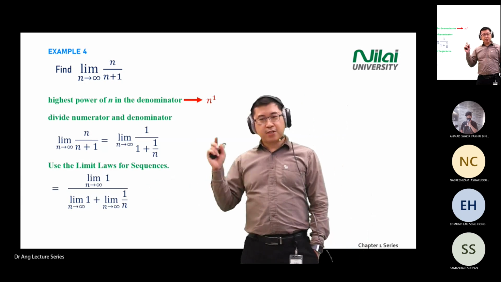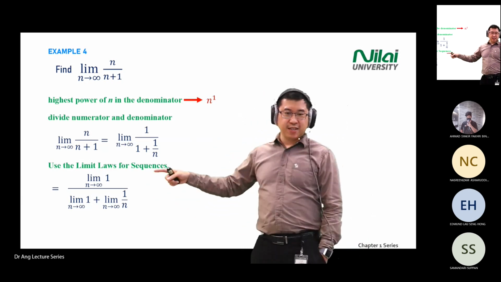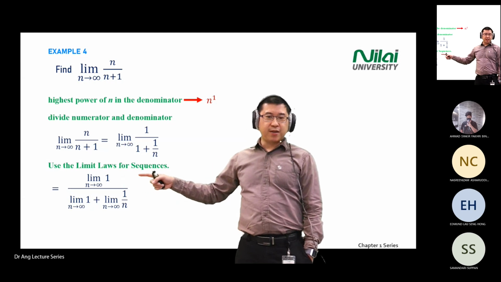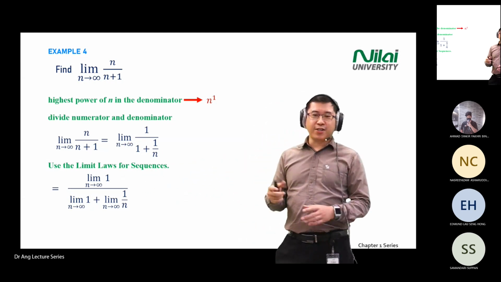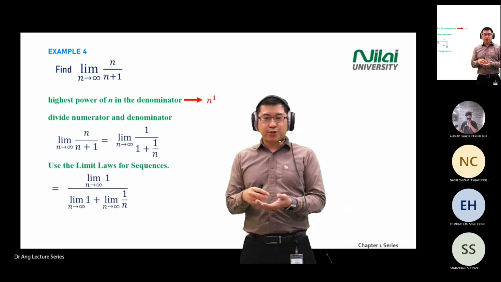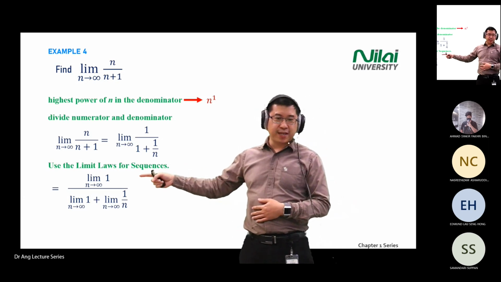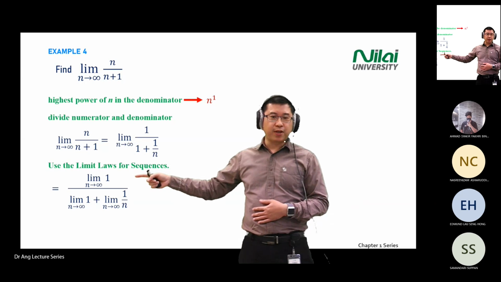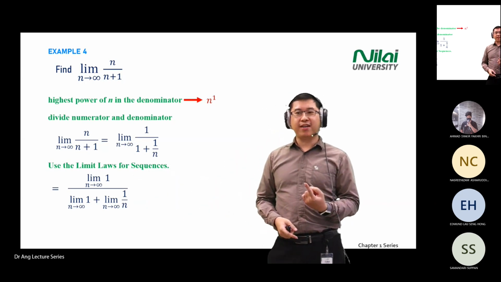Then the next step is just use your simple logic. 1 is the number, 1 is a constant, you cannot change it. No matter how you change the n, for the first one on the top, limit 1, if you increase the n to infinity, you still get 1.